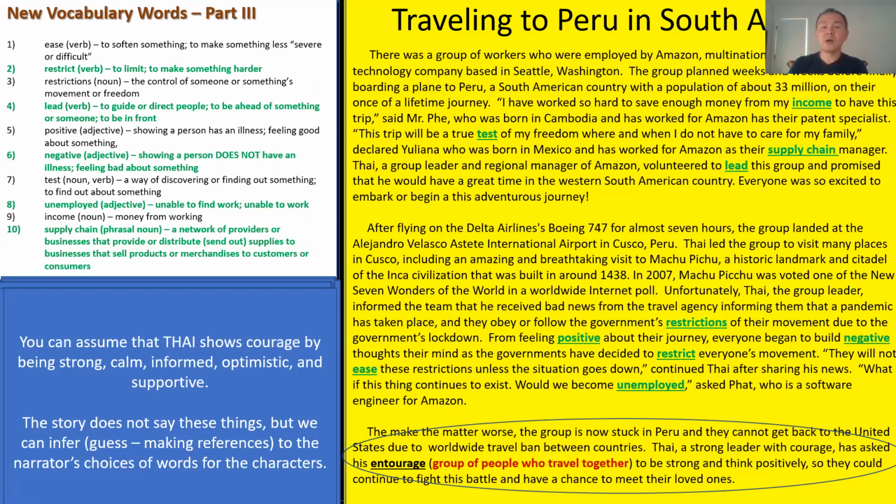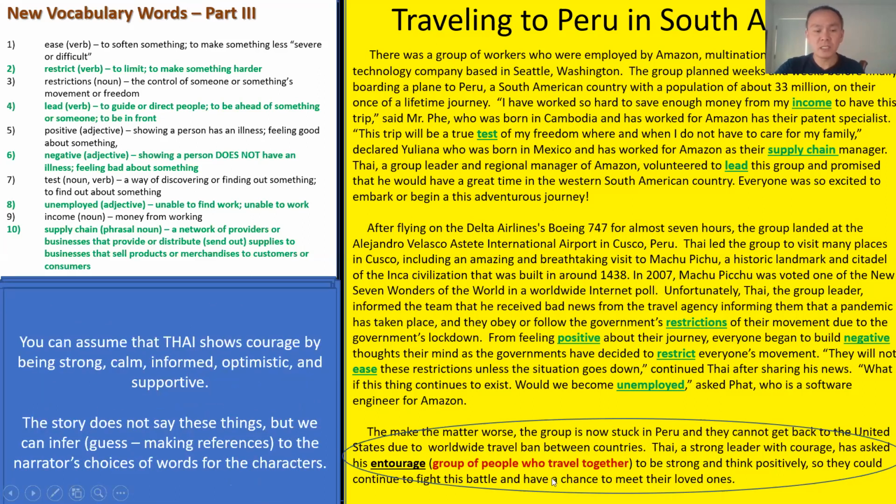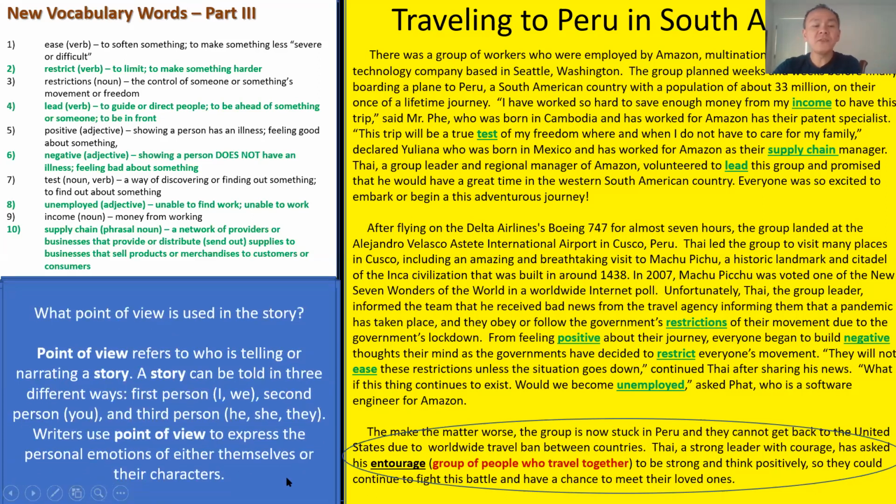Well, when you are in nature, when you are in a situation, you have to be strong mentally in order to survive in that certain environment. Charles Darwin, theorist of the theory of evolution, okay. So how does Thai show courage, okay? So Thai shows courage by being strong, okay?